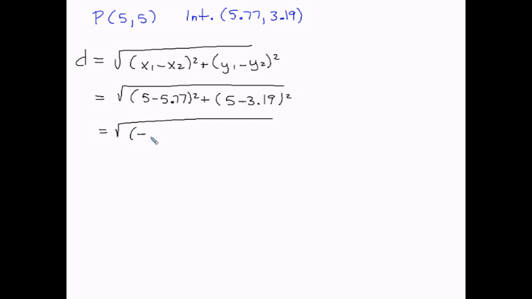So I'll have negative 0.77 squared plus 1.81 squared. Now when you square a negative, you get a positive. So I'll have 0.5929 plus 3.2761.